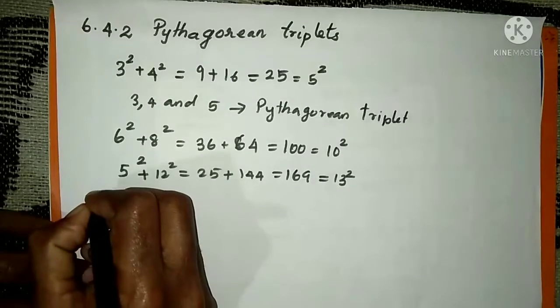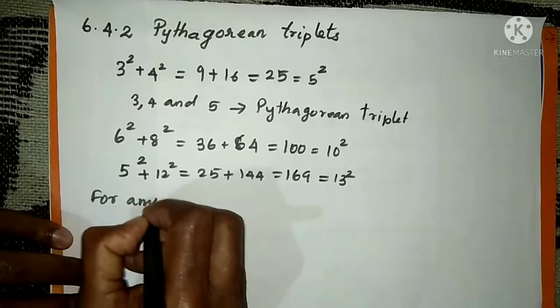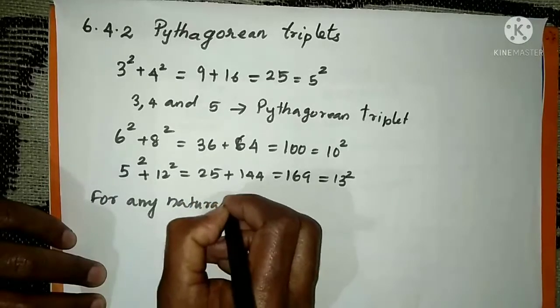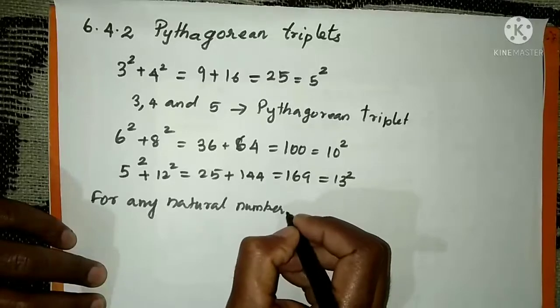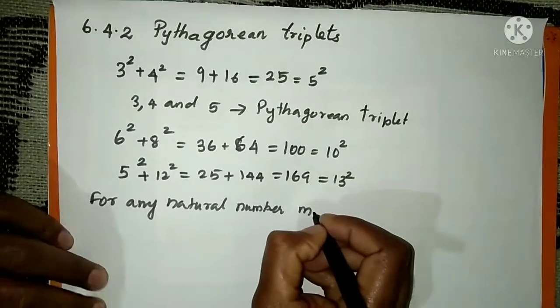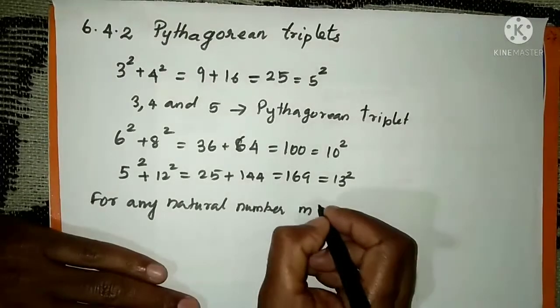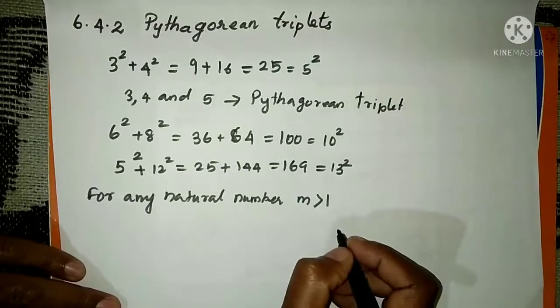When we generalize this for any natural number, we are taking a natural number m. So m starts from 1, 2, 3, 4, etc. Natural number. It should be greater than 1. It's not 1. It should be greater than 1.